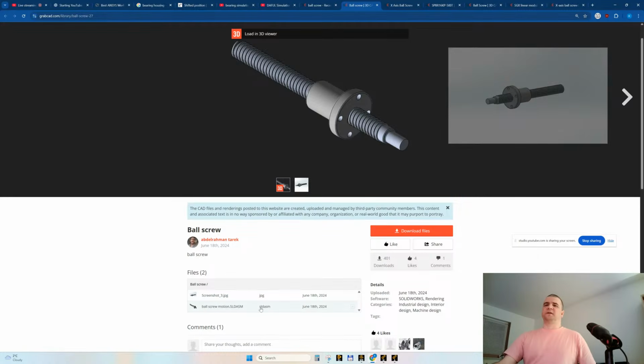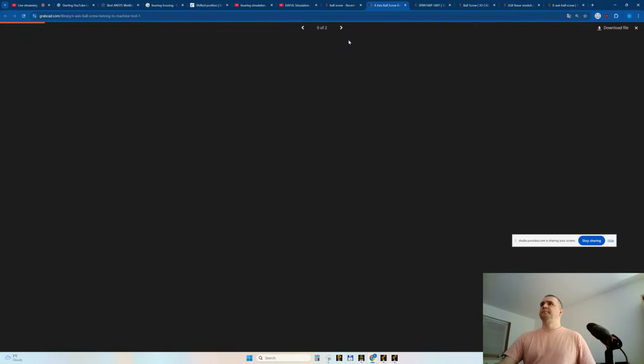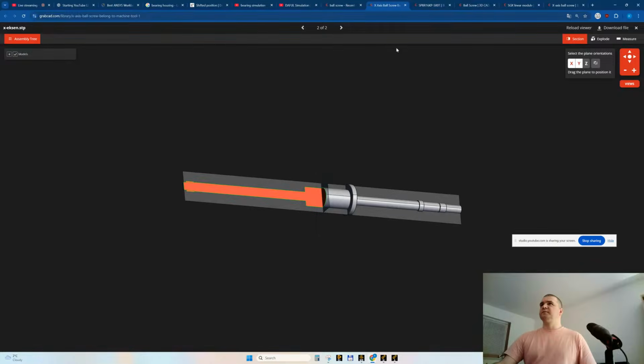The one that everyone hates on GrabCAD: assembly file without parts, which is useless. Step. Zero use.